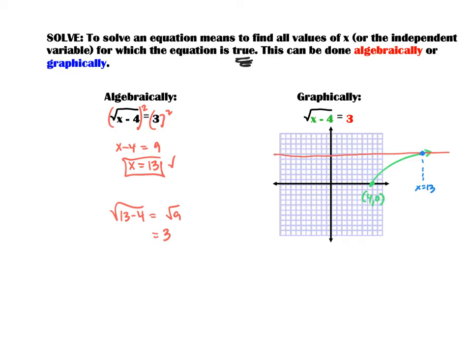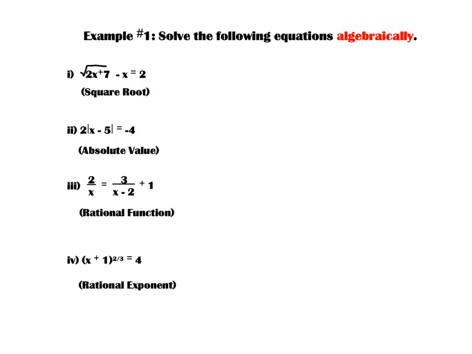Clearly, visually, and we're going to do a lesson on this using the graphing calculator, there is a point of intersection there. It makes sense that there'd be only one solution, seeing that the square root function would continue to increase in its output values, whereas this line, y equals 3, would continue on forever at a constant rate. Okay, let's look at a few examples on the next slide.